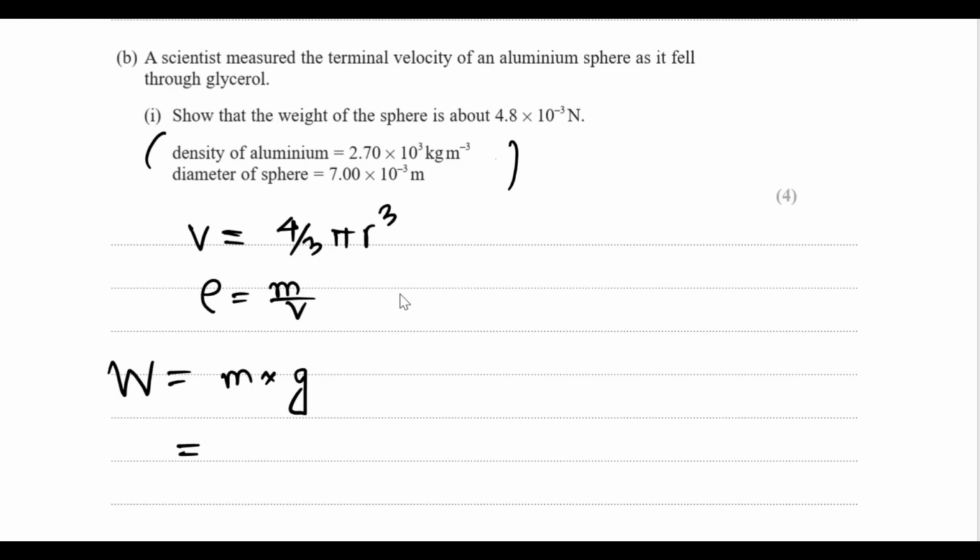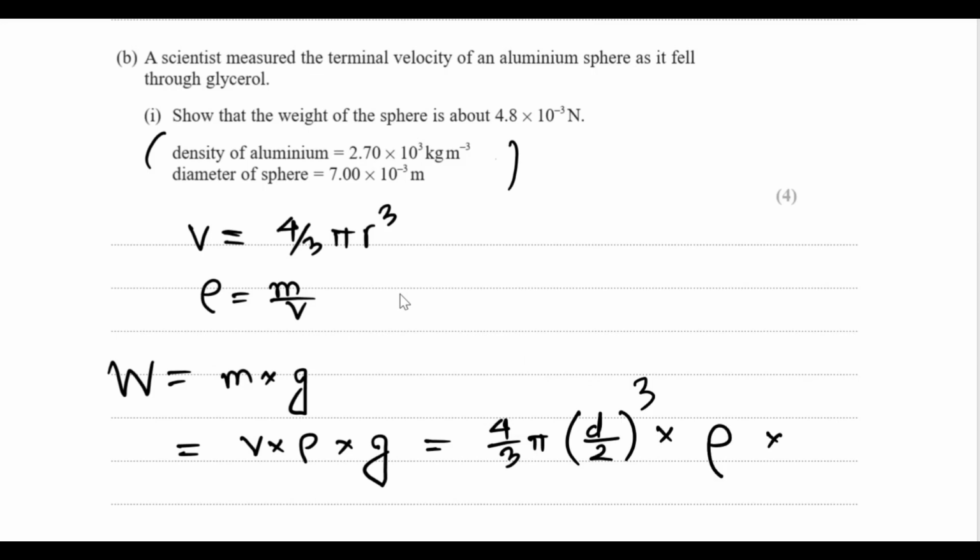So mass equals volume into density, into g. So volume is 4 by 3 pi r cube, but in our question it is diameter, so d by 2 cube, into density given and g.